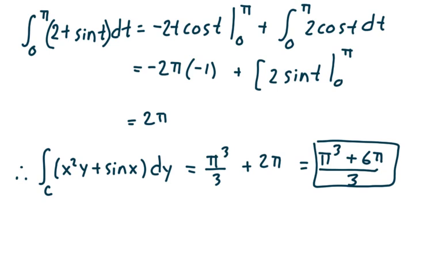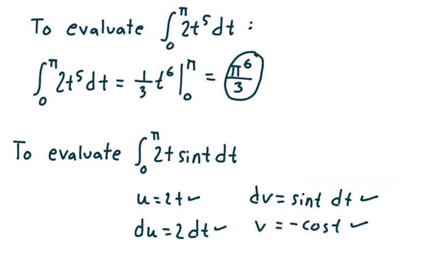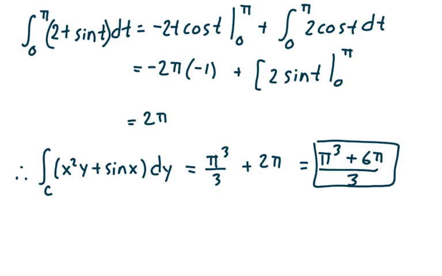So in other words, you're going to end up with plus the integral from 0 to pi of 2 cosine t dt. Because don't forget, my v du is here, and v is negative cosine t. And when you subtract a negative cosine t, that's really adding cosine of t, right? And that's where that plus comes in.